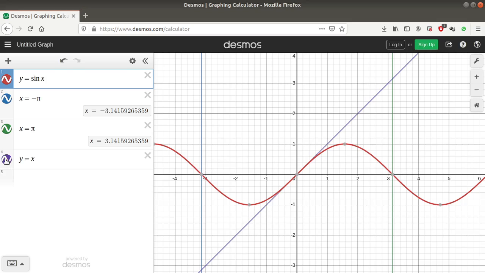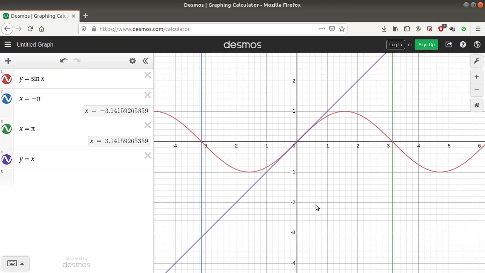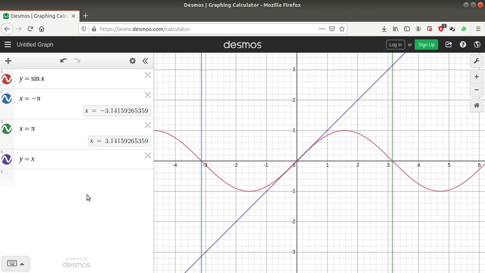So this is the line, and if you see here, this line has some value at theta equal to minus pi, and it has some other value when theta is equal to pi.